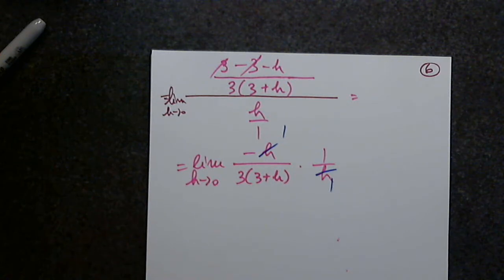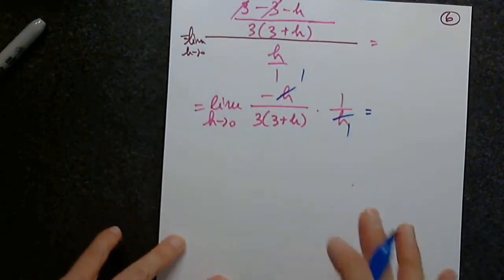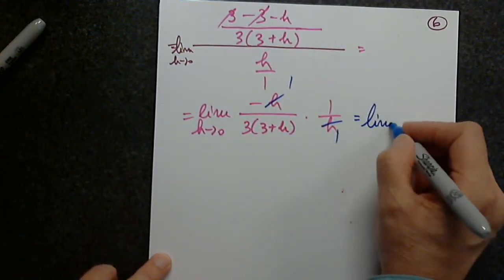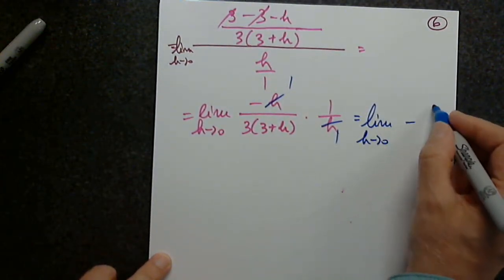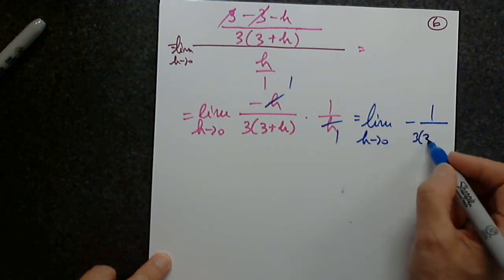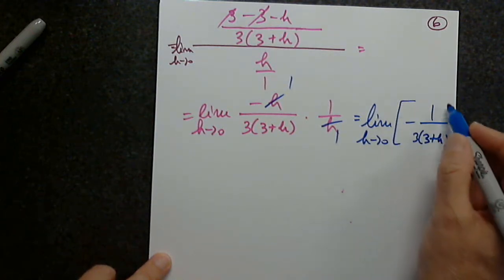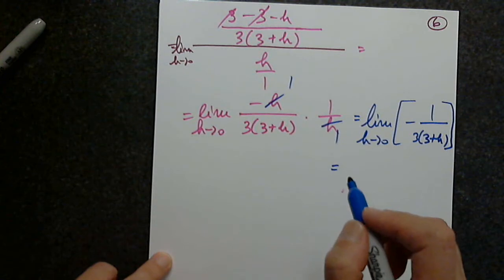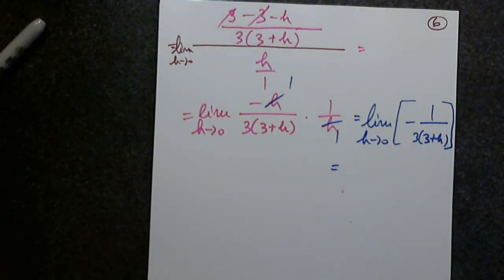Please write 1 so you don't think that it's 0 in there. And now let's write it one more time so we can see it. Negative 1 over 3 plus h. This is what we applied the limit to. Now, and only now, I drop the limit operator.